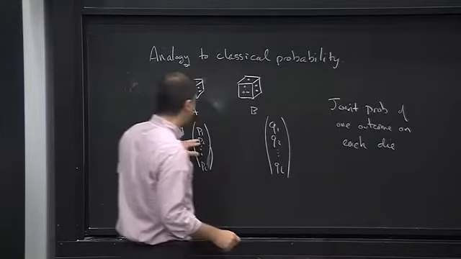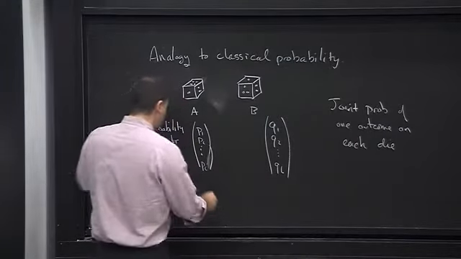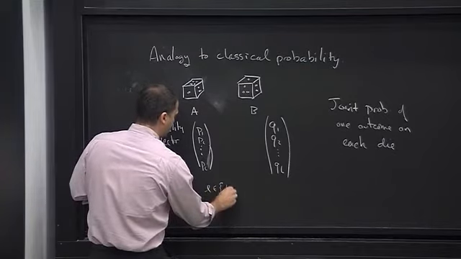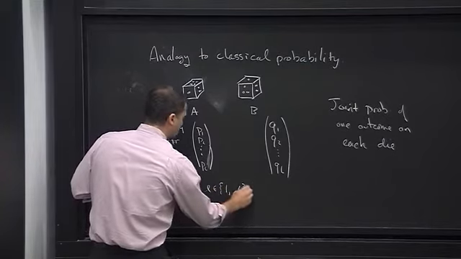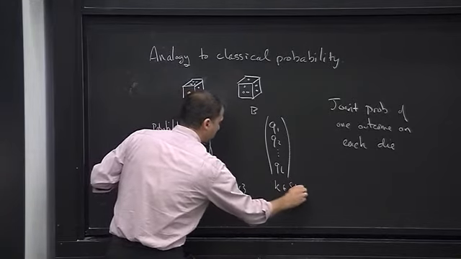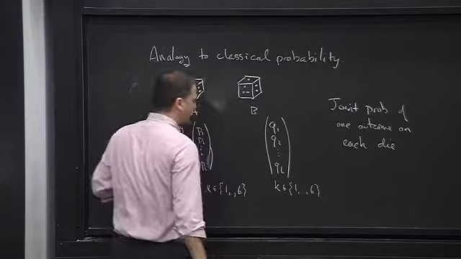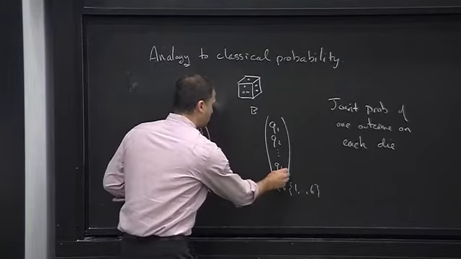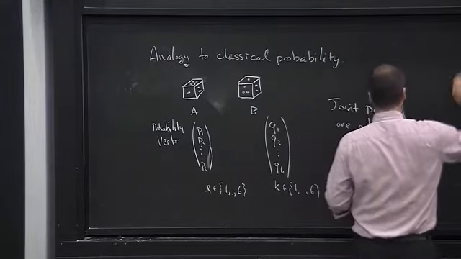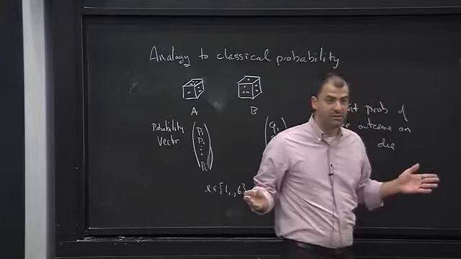Okay, and so I can use the same indexing here. Let me use the index L, which goes from 1 to 6, and here K goes from 1 to 6. And then the probability of both dice is given by the tensor product of these two vectors.